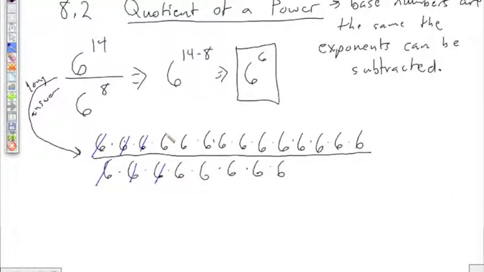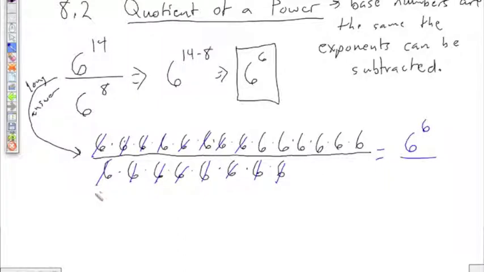And this happens a total of how many times? 8 times. Because we're going to keep on canceling until we have all of them eliminated on the top or the bottom. 1, 2, 3, 4, 5, 6, 7, 8. I've canceled. So how many did that leave on top? 6 to the 6th power.